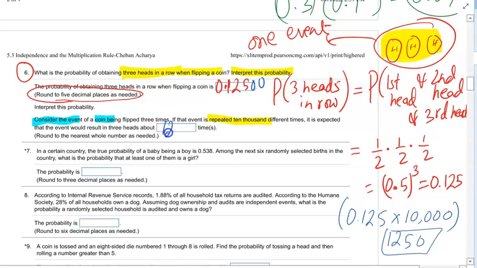In other words, if you flip a coin 3 times in a row, and if you do that 10,000 different times, you will get 1250 times you get all 3 heads in a row.